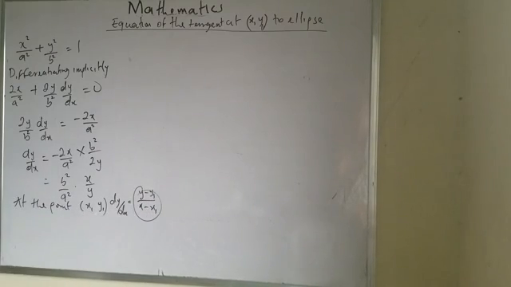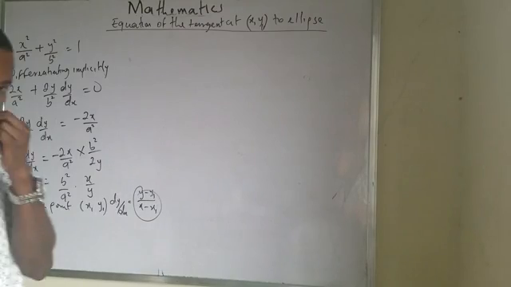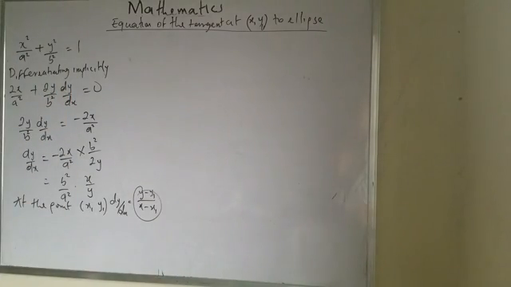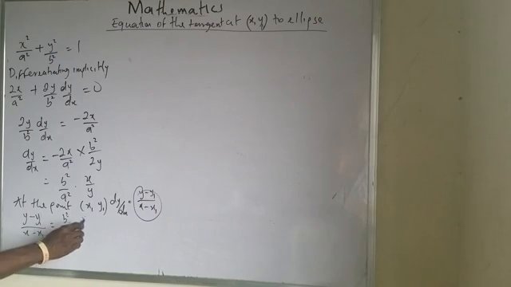We all know this from our coordinate geometry, which I've done earlier, the gradient form at a point. It means y minus y1 over x minus x1 equals minus b squared over a squared times x over y.